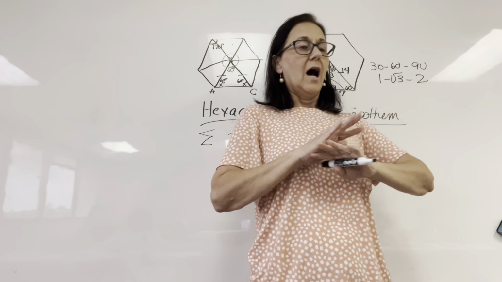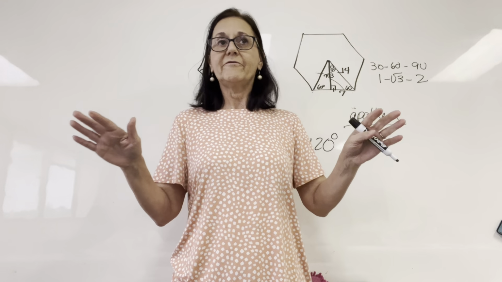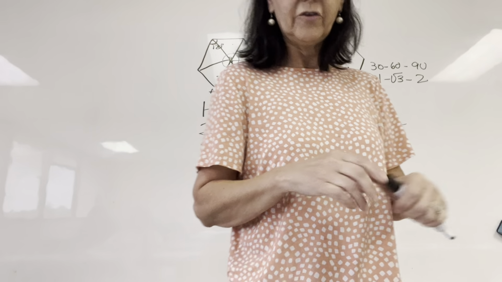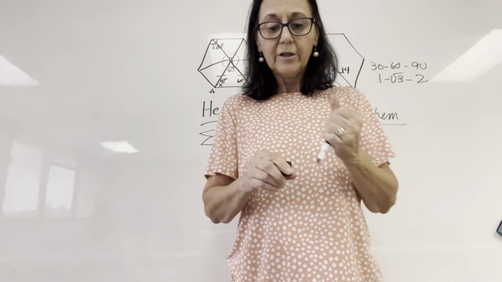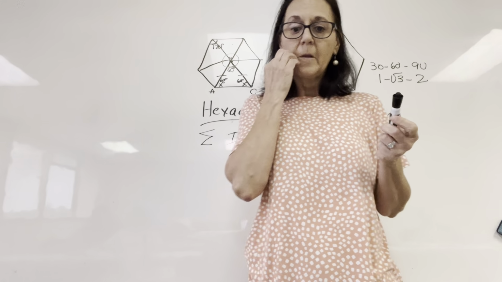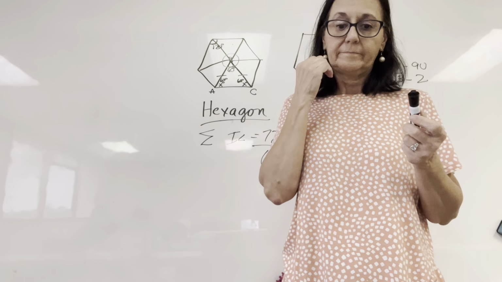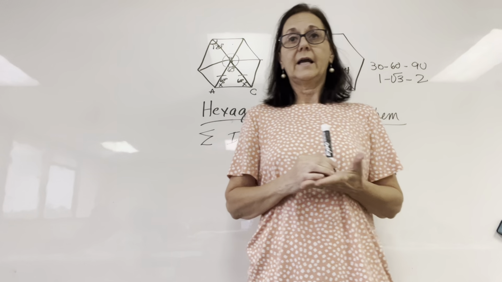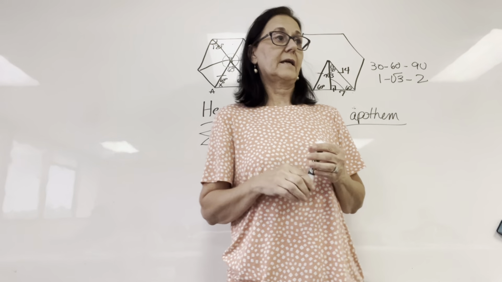Lots of great information with the regular hexagon. We also have regular heptagons. That's 7. You're going to have to know these shapes. We have regular octagons. We have regular nonagons and regular decagons. If we have a regular polygon, it is cyclic.